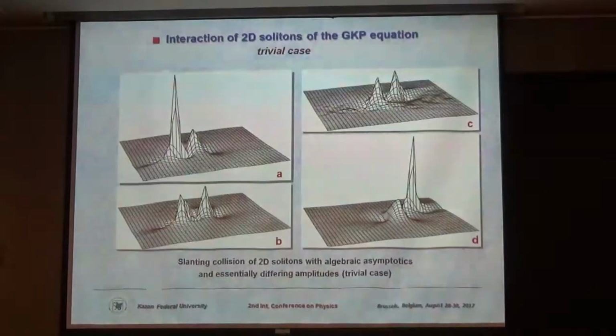Interaction of multidimensional solitons within the GKP model, unlike the model of the classical Kadomtsev-Petviashvili equation, can be essentially more varied. The figure shows a trivial case when, in slanting collision, the solitons with algebraic asymptotes exchange momentums and energies like in the classical KP model, initial time and past time.